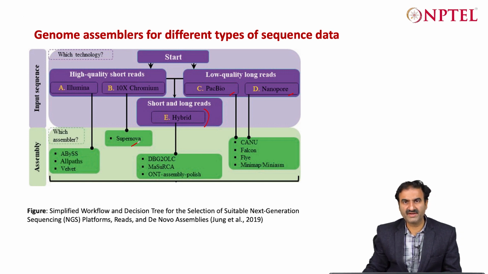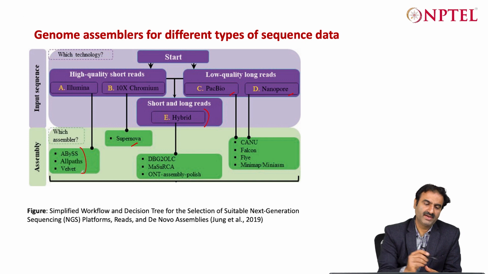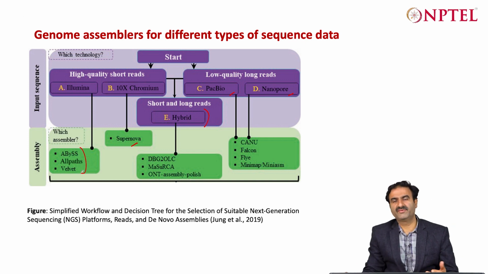If you are dealing with linked reads, you will be using Supernova that we discussed in the previous lecture, right? And for the short reads, ABySS, Velvet or SPAdes are the tools. For the long reads, Canu and Flye are some of the common tools.